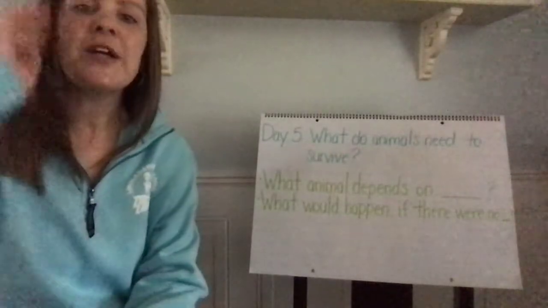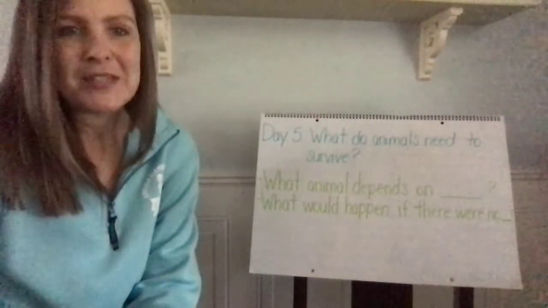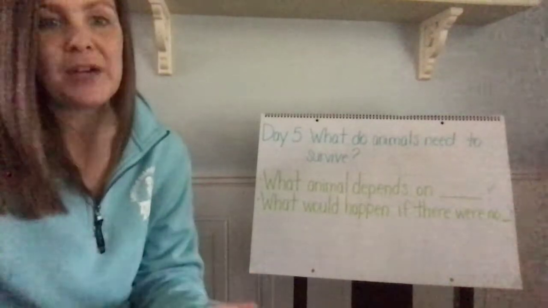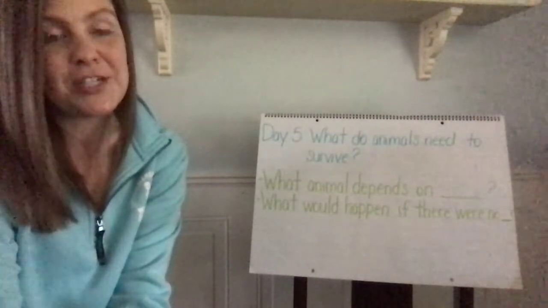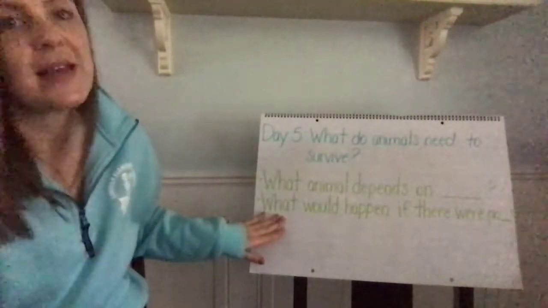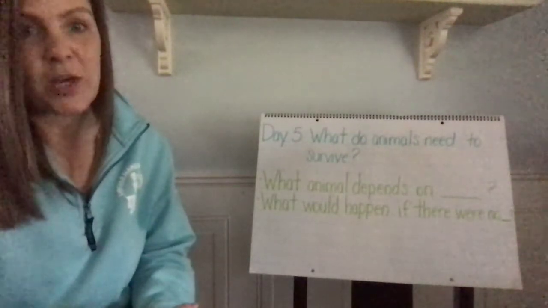So today we are going to be focusing on not only why these animals live where they live, but what they need to survive. So I'm going to be reading a book to you that talks a little bit about what animals need to survive. And I have some questions that I want you to think about as I'm reading. And I'm also going to stop and ask you some thinking questions as we go along.